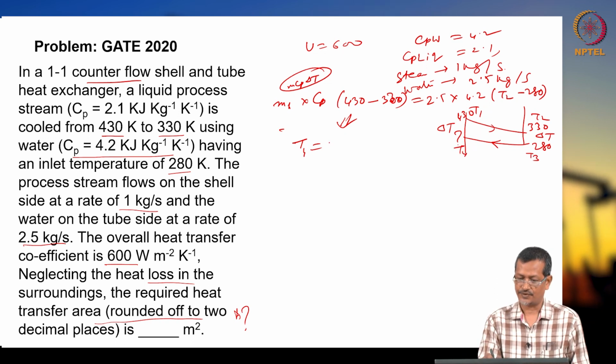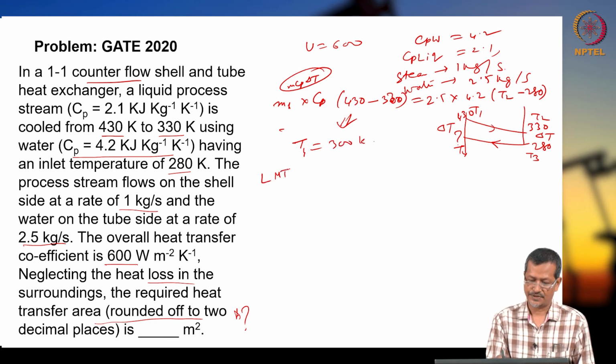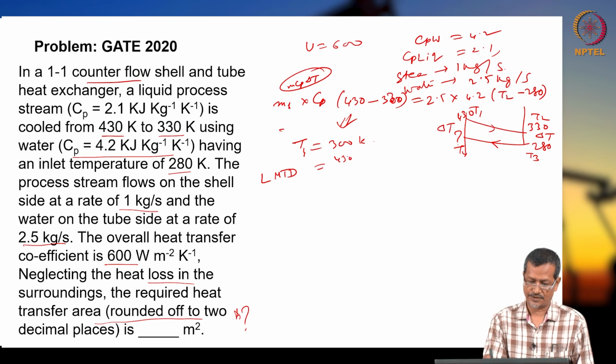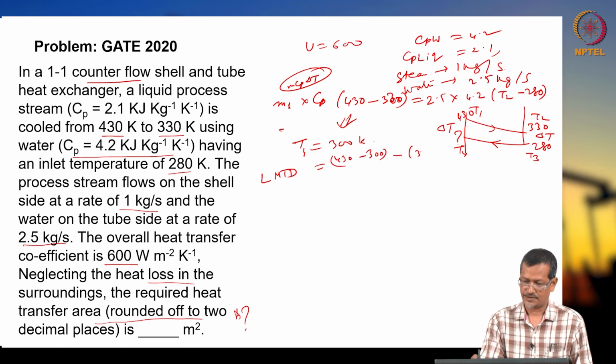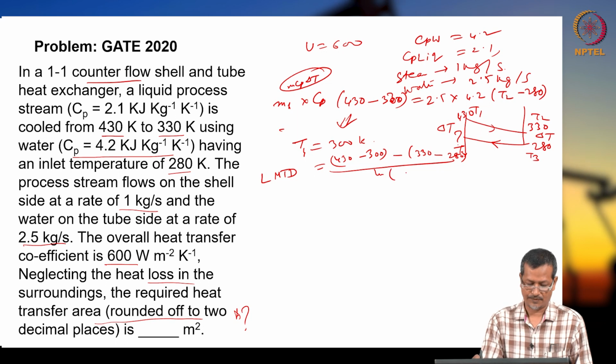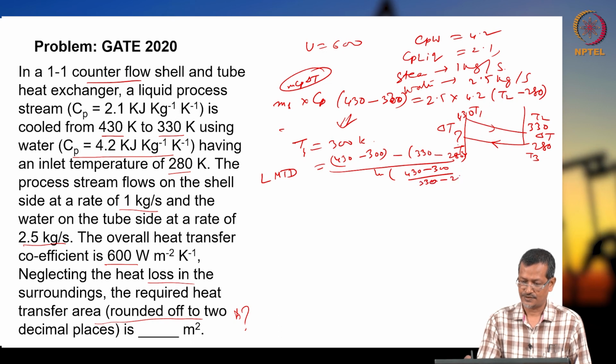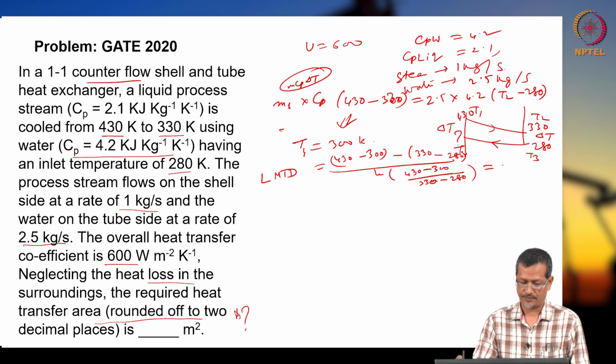This gives T4 equals 300 K. So LMTD equals 430 minus 300 minus 330 minus 280 divided by logarithm of 430 minus 300 divided by 330 minus 280. So this is giving 83.33 K.